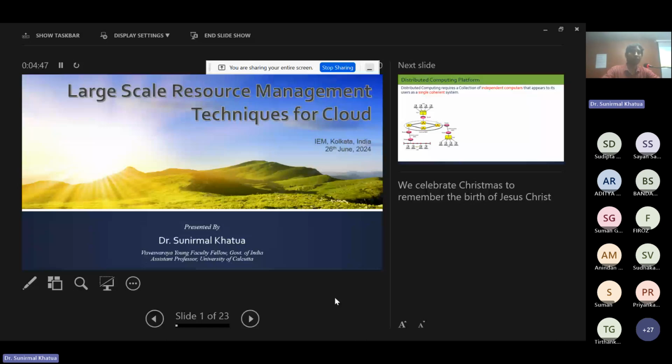Well, anyway, those who are offline, are you mostly from a computer science background or some other stream as well? All from computer science. Well, today I will discuss large-scale resource management techniques in cloud. By this, I mean we have already used some form of resource management techniques in the operating system.